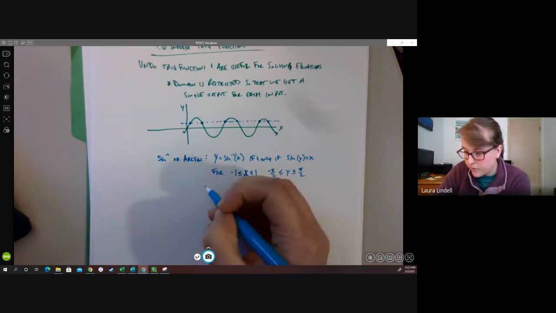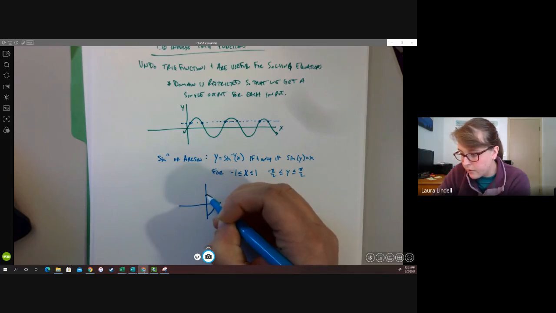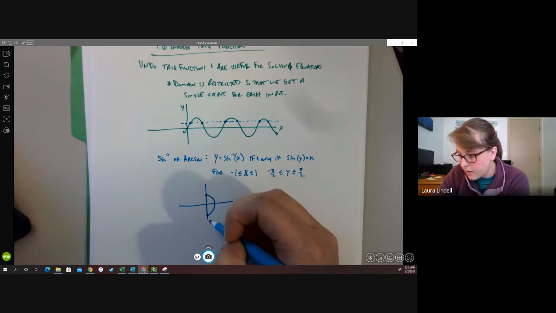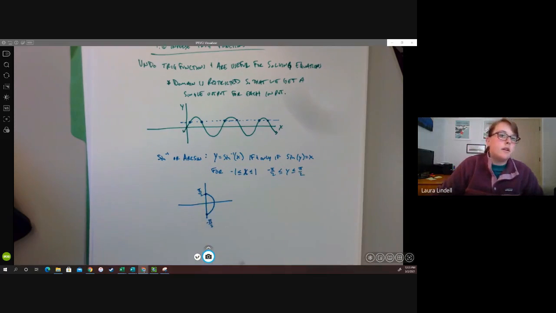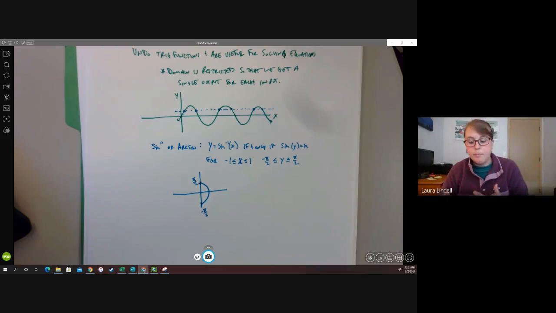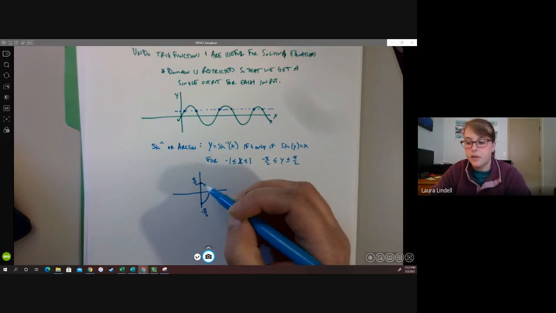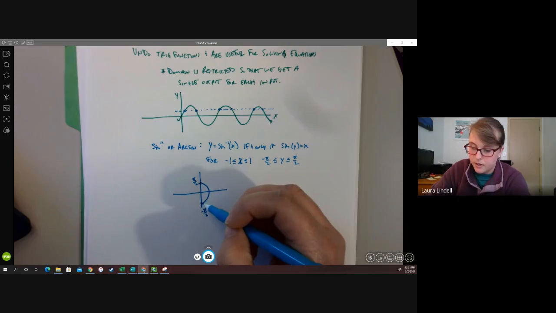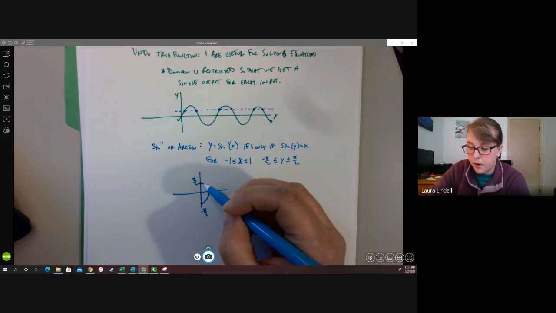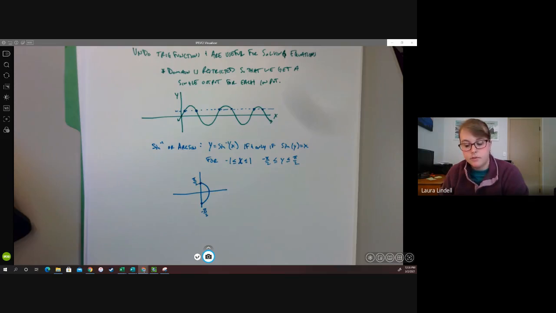So what that's going to represent for us is this right half of the unit circle. So we end up picking up every unique value of sine that way, because sine represents y on the unit circle, remember, and so we end up with all of the negative values of sine down here and all of the unique positive values of sine up here. So that's how we restrict sine.